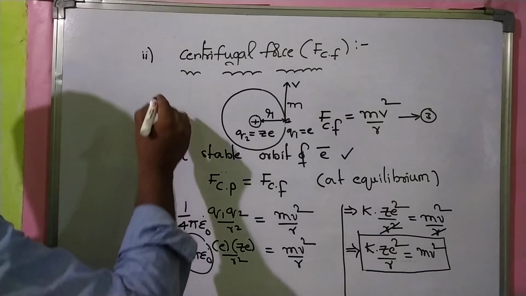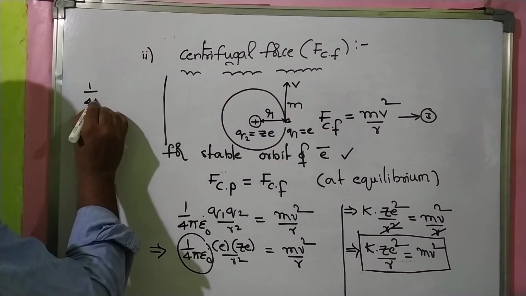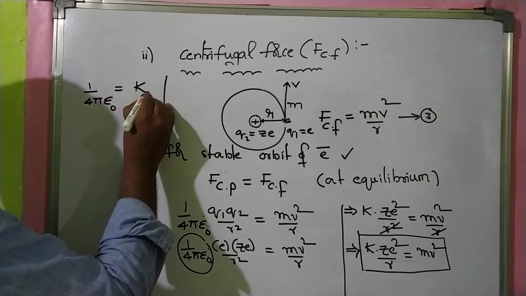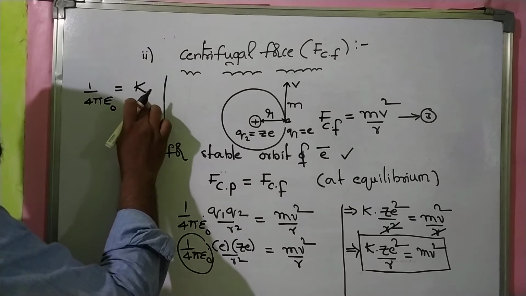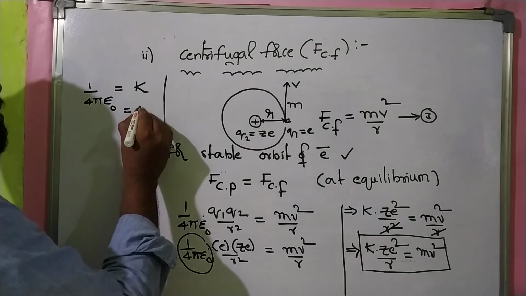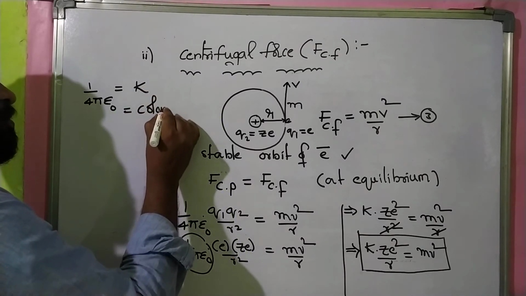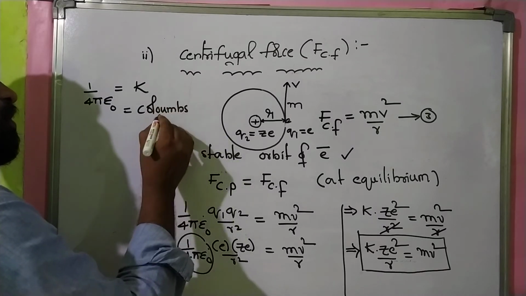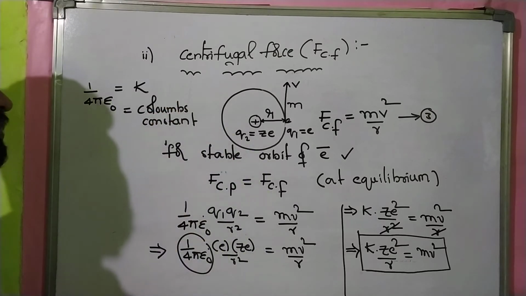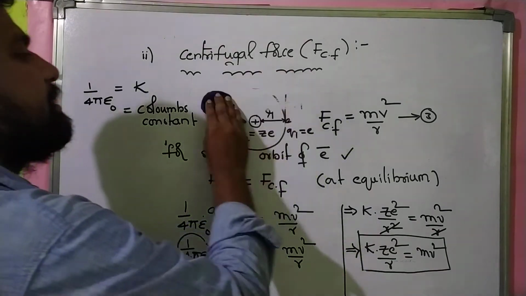All of you listen carefully. Here 1 by 4 pi epsilon naught equals K. K is nothing but a constant. It is also called Coulomb's constant. Very, very important for JEE Mains and NEET.